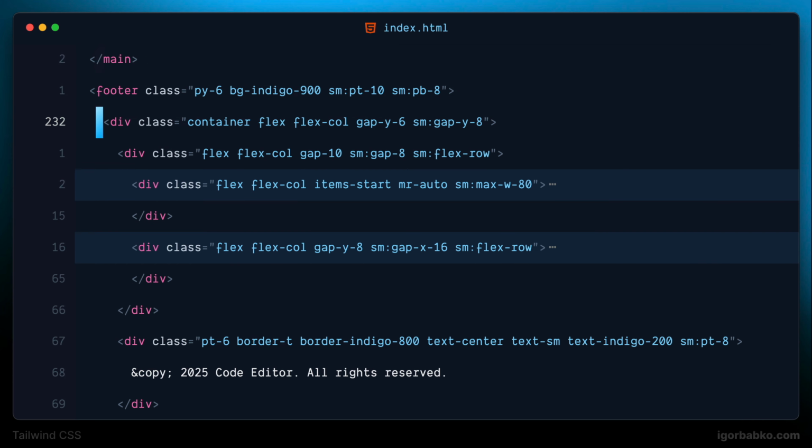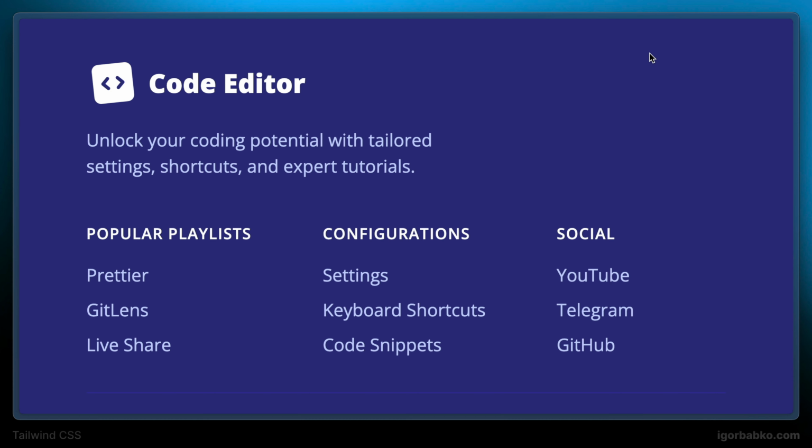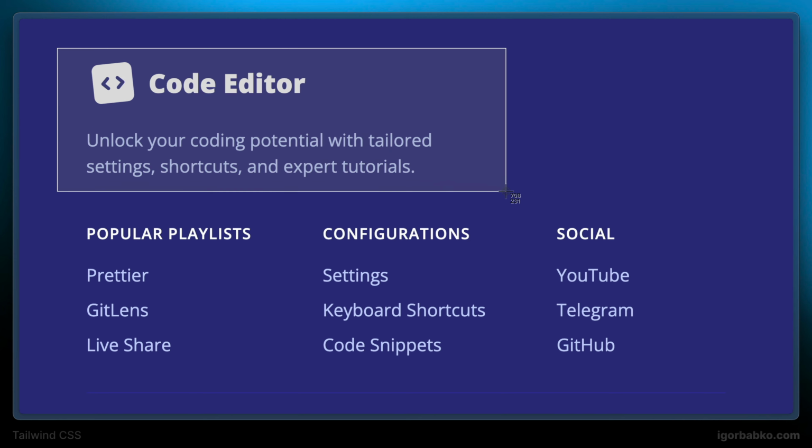And to do so, we're going to apply the flex row class to make those elements be positioned on the same row only for bigger screens, but for tablet screens as well as for mobile devices, those child elements will be positioned vertically. And we're gonna use the gap 8 class also only on bigger screens. As you can see right now, this block doesn't take up all available width.